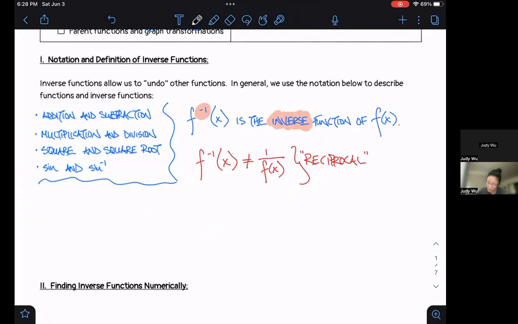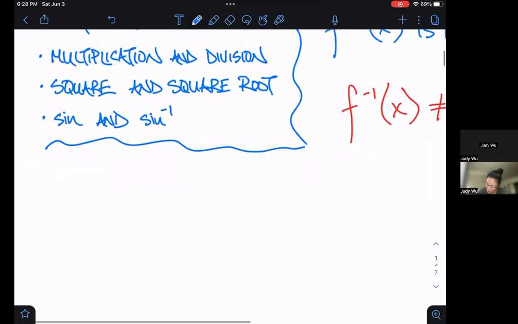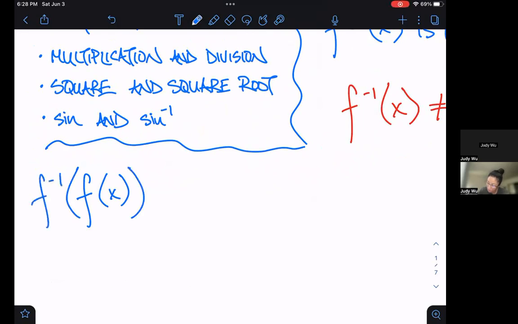All right. One last thing that I want to say about inverse functions is that if I take the function and I put that output into the inverse function, I should get whatever I put into the original function back out.